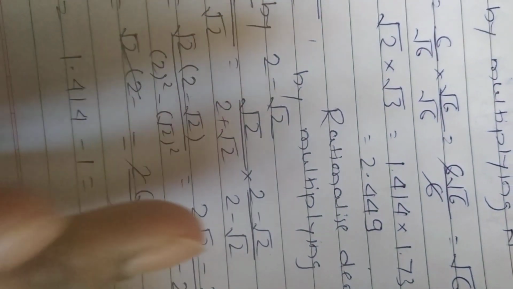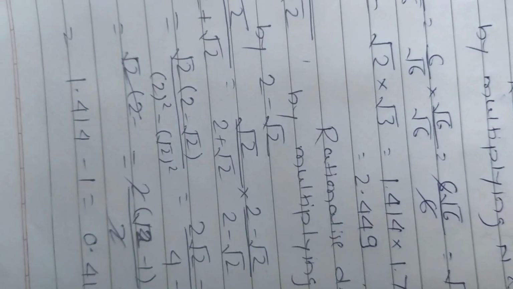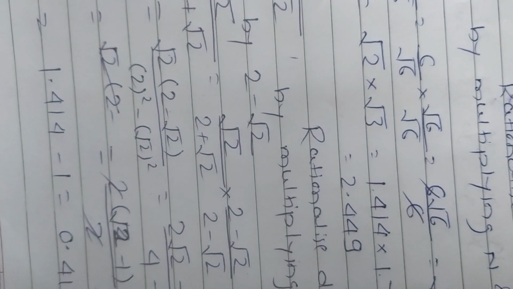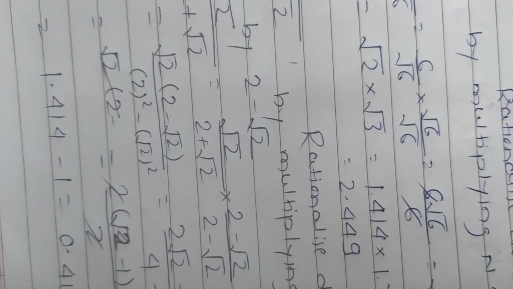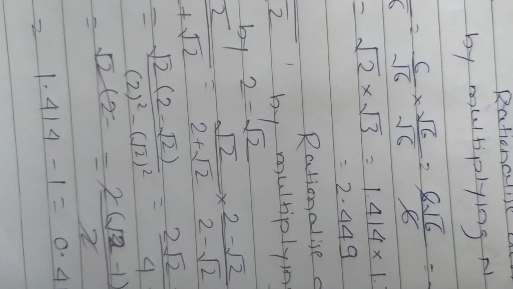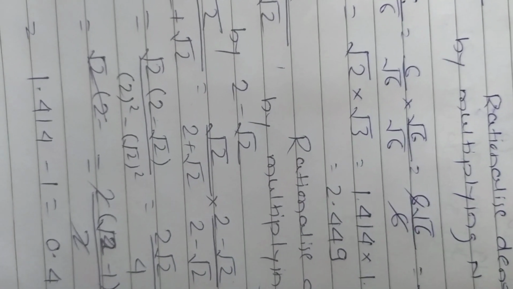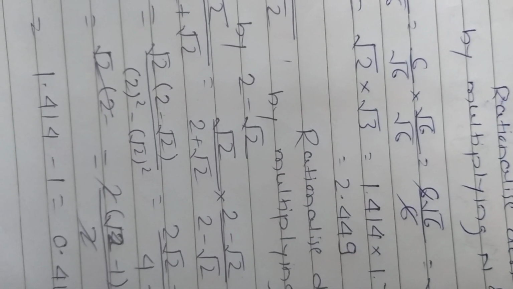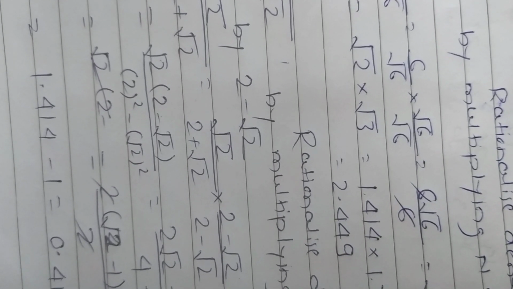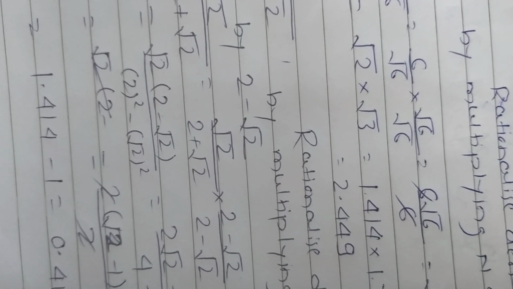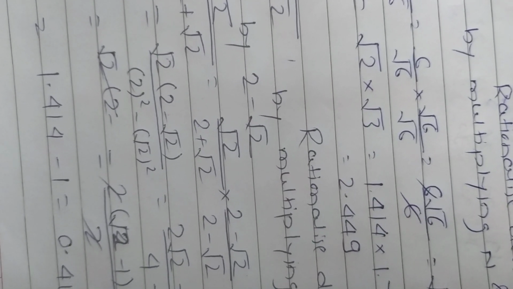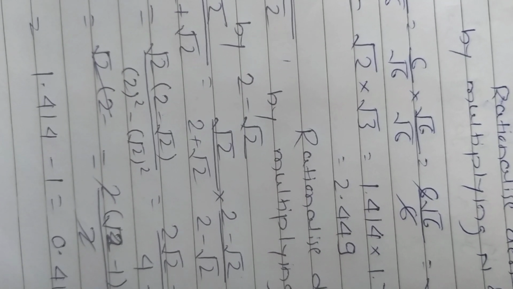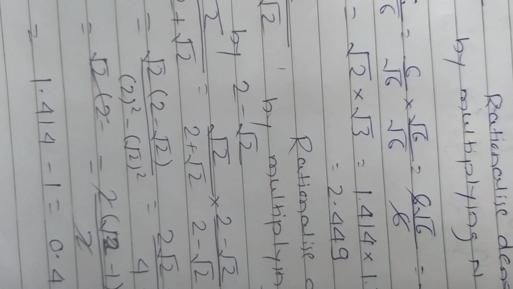So one thing should be clear: while solving such type of problem, we have to use the rationalizing factor, which is the important part. And while multiplying the rationalizing factor, we have to multiply it to the numerator as well as the denominator in order to solve such type of problems.